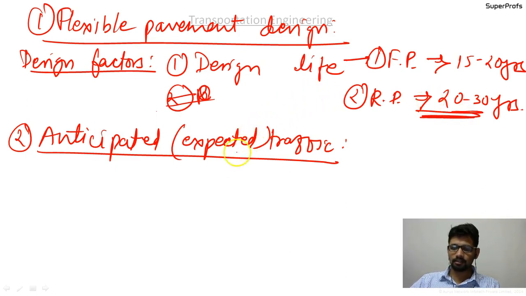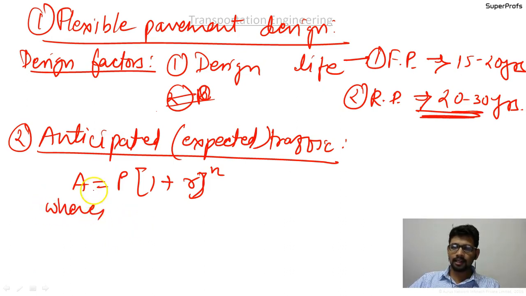I am discussing that the anticipated or expected traffic volume is given as A equal to P into (1 plus R) to the power n, or x, whatever you say.